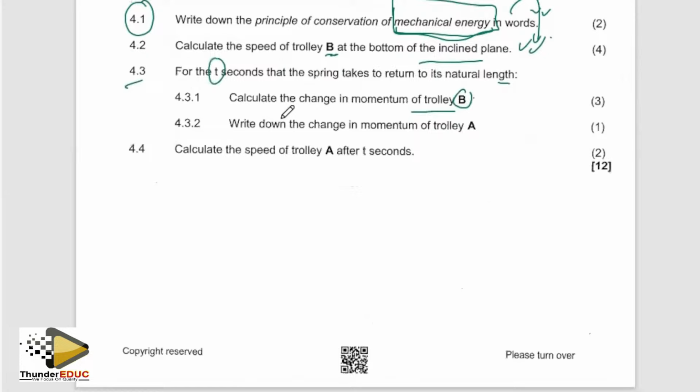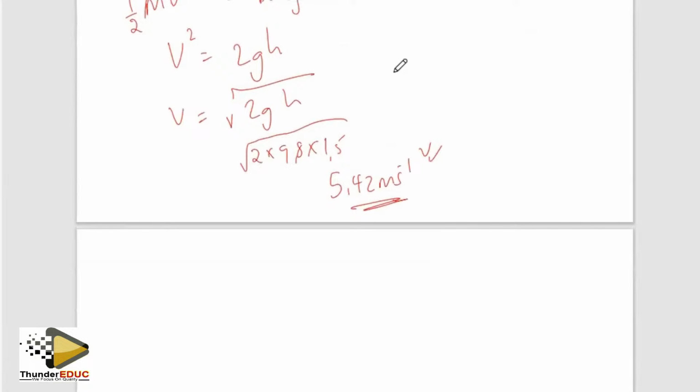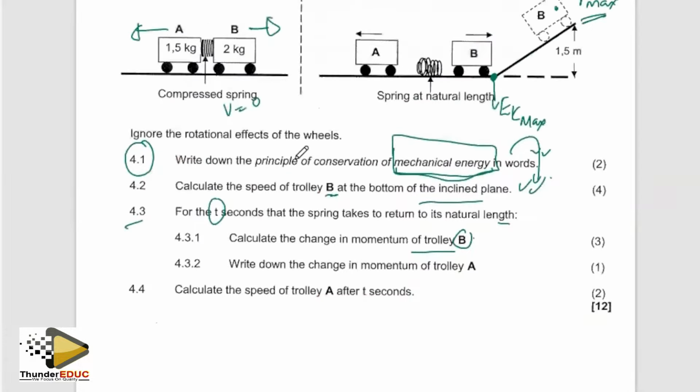Okay, so what's going to happen here is I'm going to look at the velocity that I calculated, which is the 5,42, and then the initial velocity, which was 0. So I'll say that the change in momentum of body B is going to be the mass of B multiplied by the change in velocity. So the mass of B is 2.